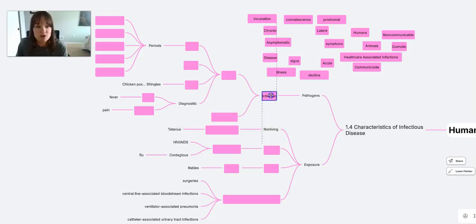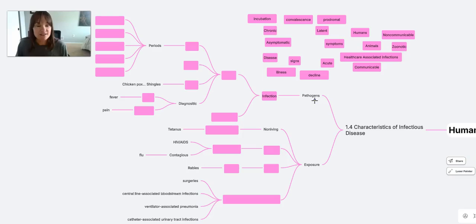Maybe you chose disease. I did not, because here's why. Do all pathogens that infect cause disease? Maybe it was a little bit of a leading question. If you answered no, you're correct. So let's restate that a little more directly.